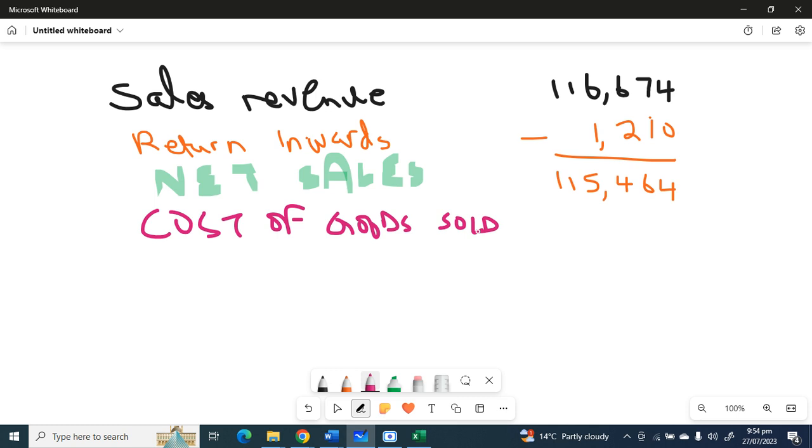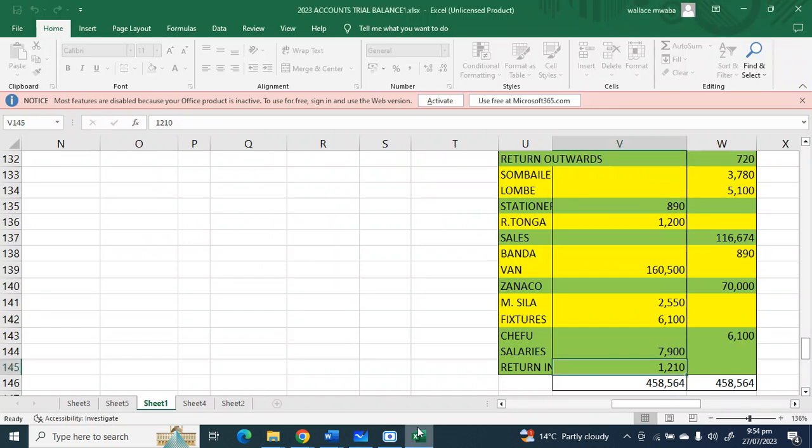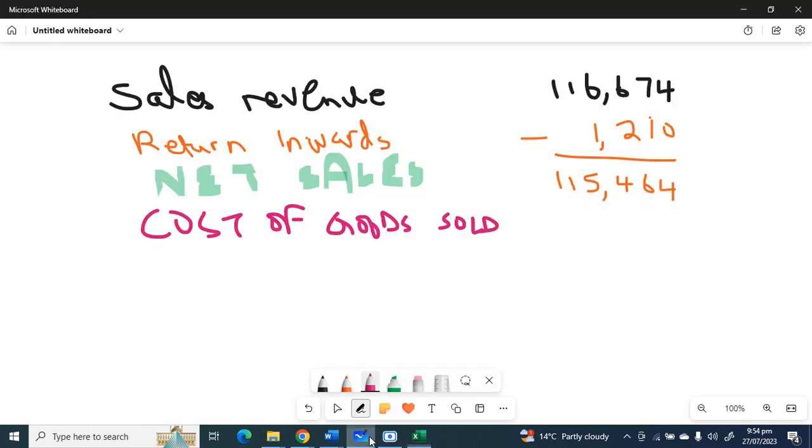It's opening inventory, but in this question, we do not have opening inventory. Opening inventory is the first that comes.